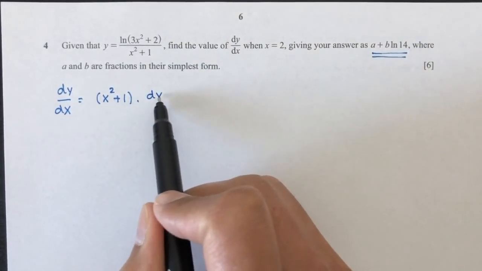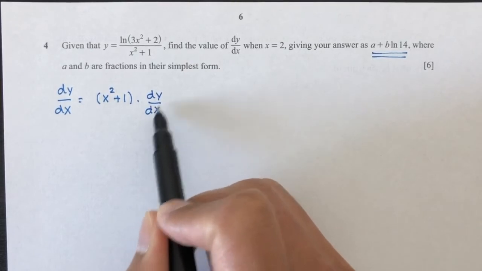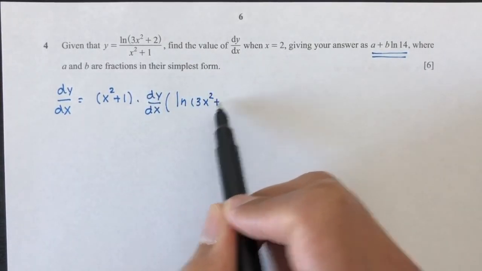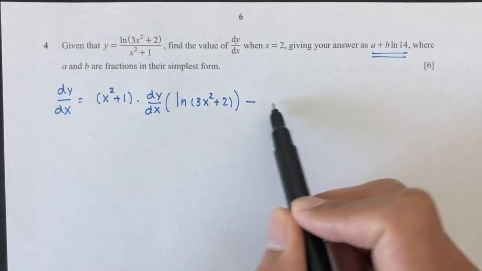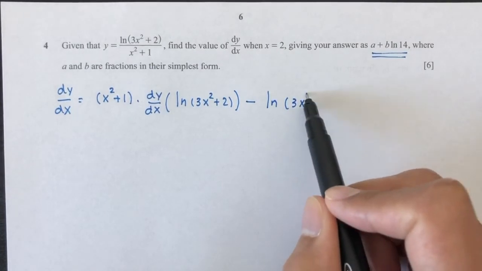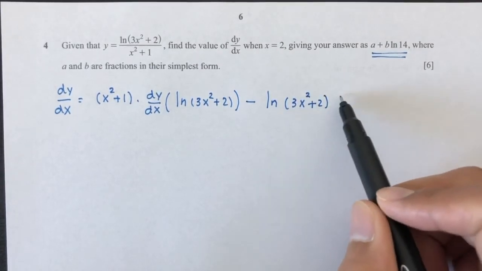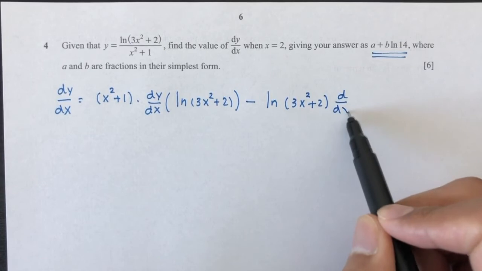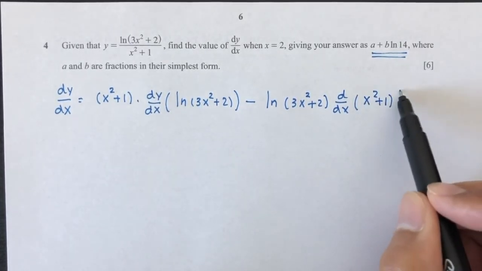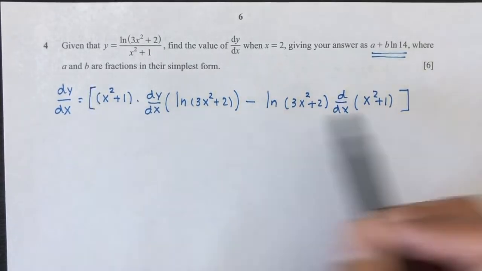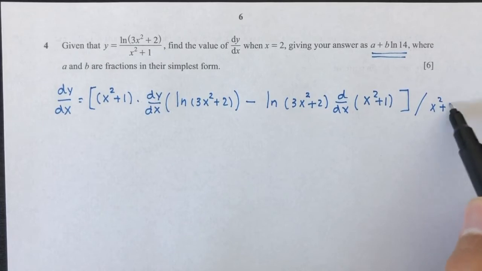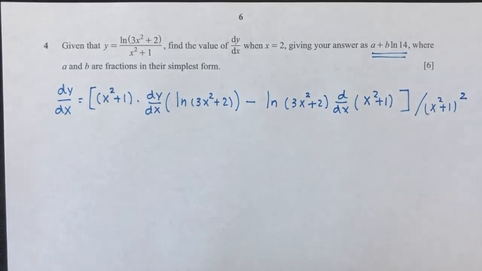d by dx of this one, ln(3x squared plus 2), minus the top one now. That will be the numerator, and then multiply by d by dx of the bottom one, that will be x squared plus 1. Now with everything, divide by this one squared, (x squared plus 1) squared.